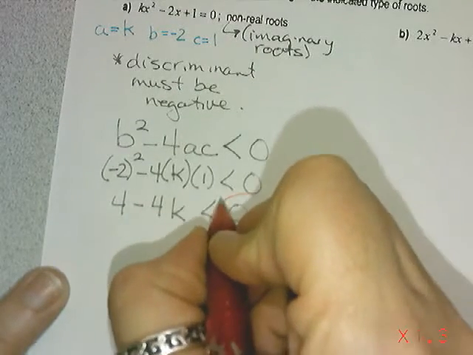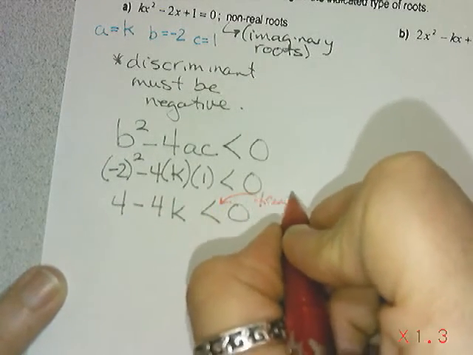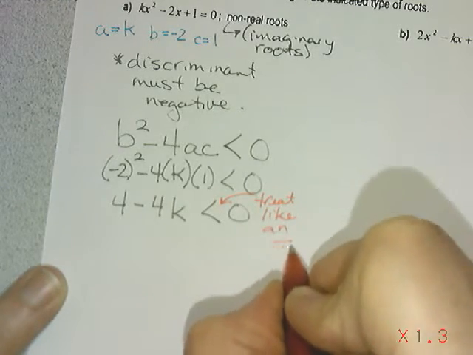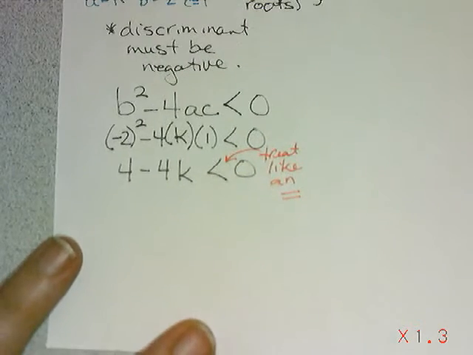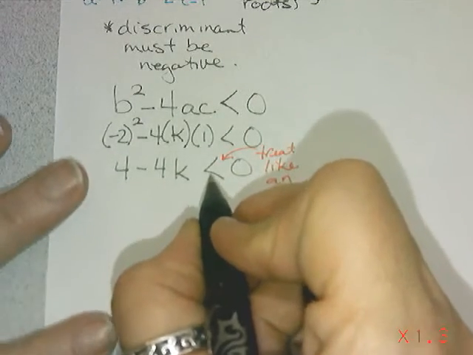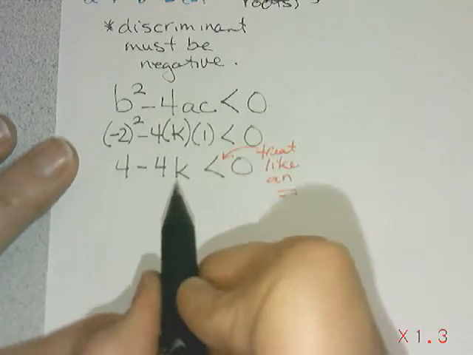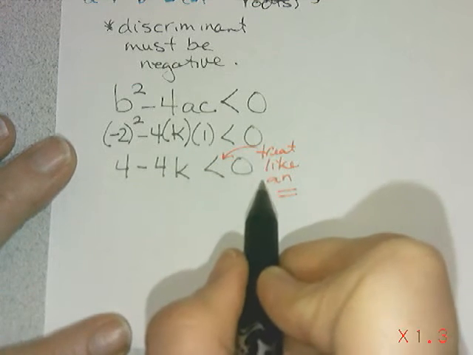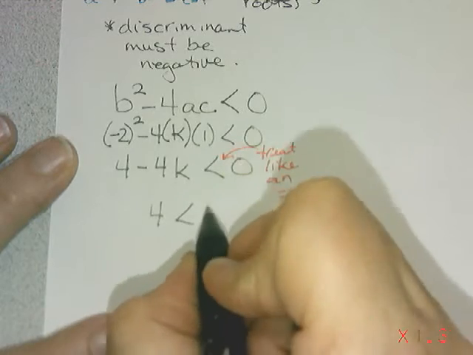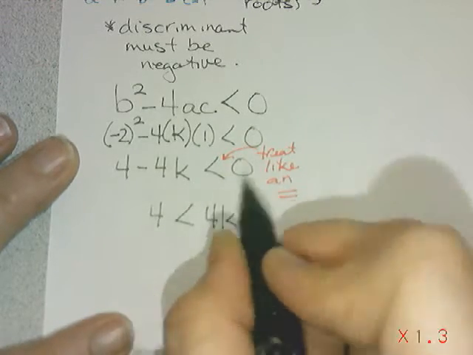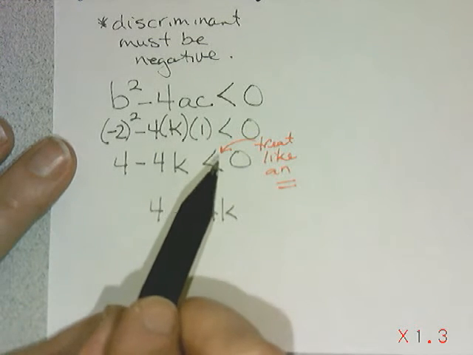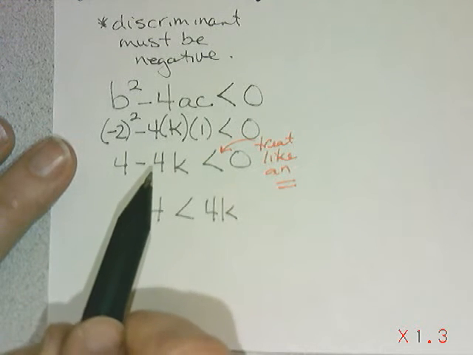But when the numbers get a little crazier, what we can do is treat it like an equal sign and solve. So let's pretend that's an equal sign and let's solve for k. Now, first of all, what I want to do is add this negative 4k to both sides so that it becomes a positive term. There is one more rule to solving equations with an inequality, and it has to do with dividing by a negative number.